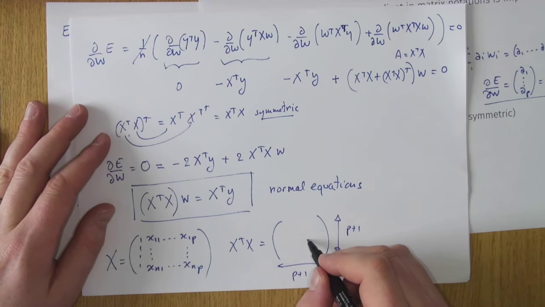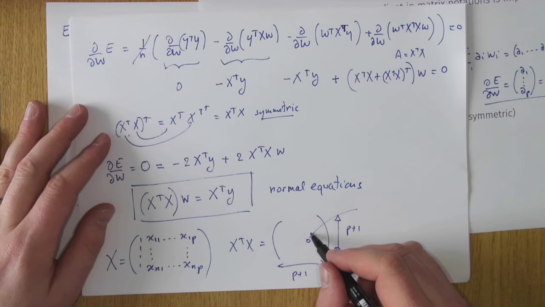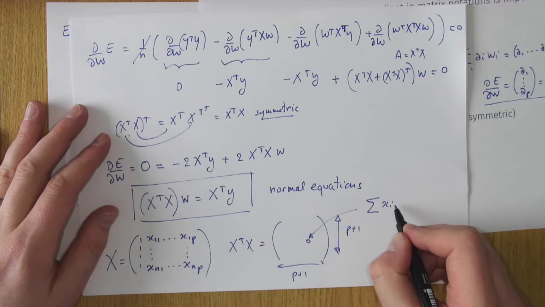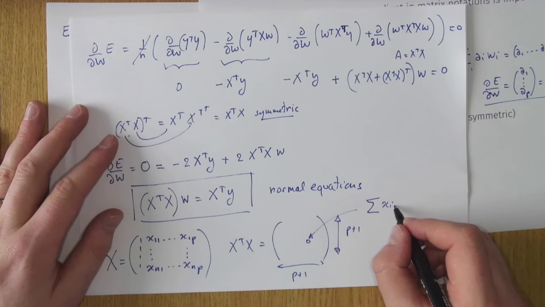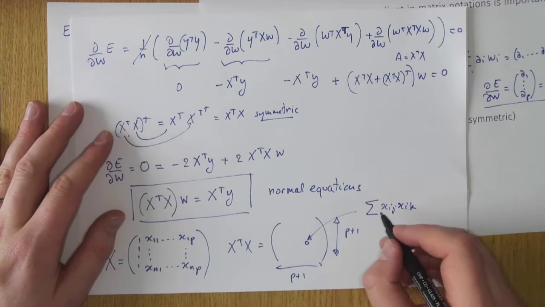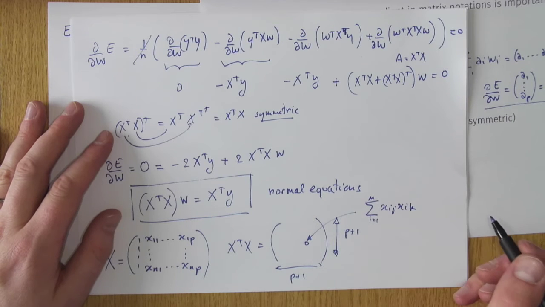Each of the entries is something in the form of a sum of x_ij times x_ik.